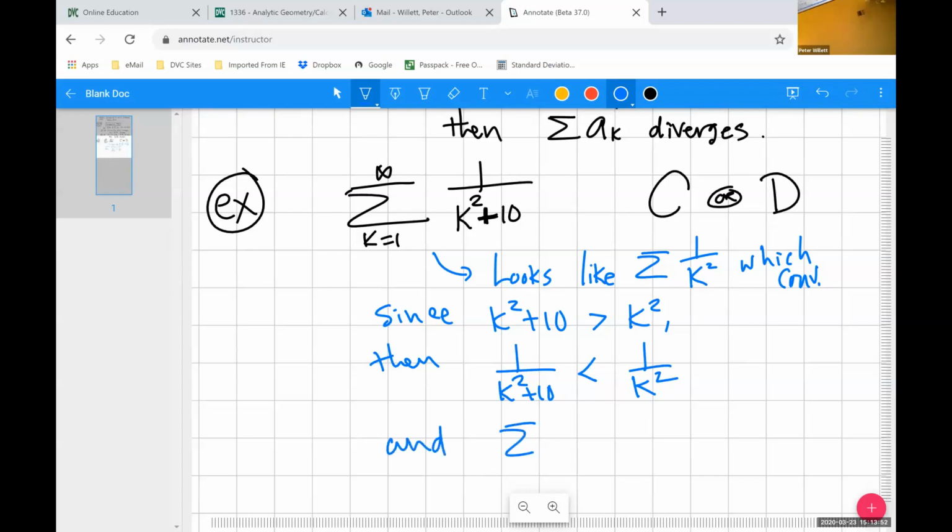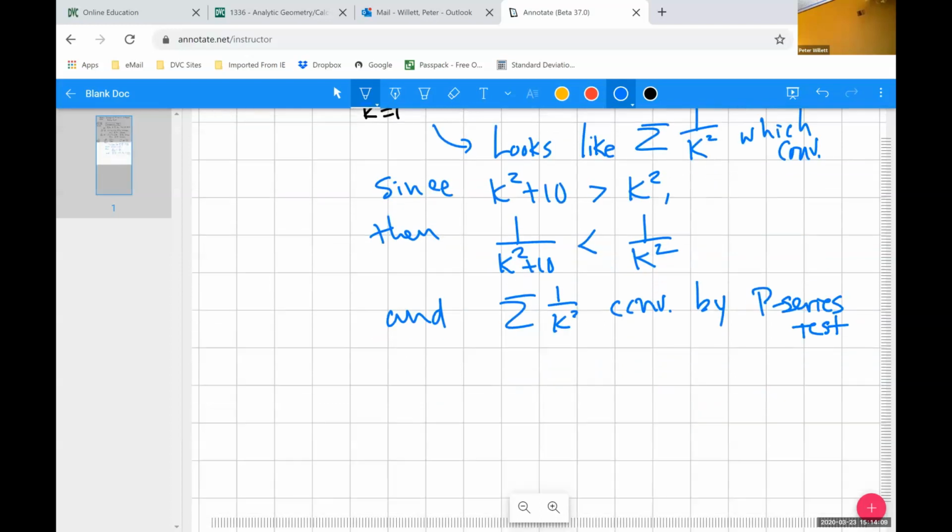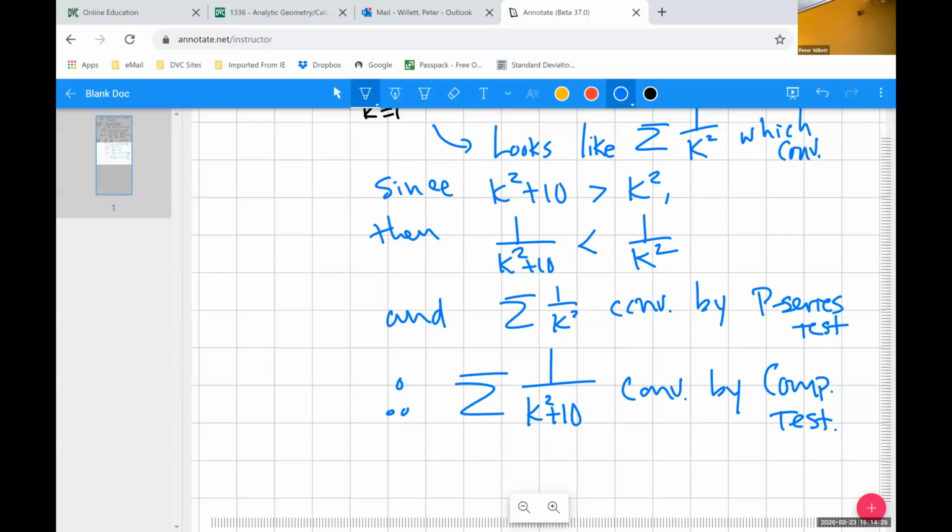And the series of 1 over k squared converges by p-series test. Therefore, the series of 1 over k squared plus 10, since the terms are less than that, converges by the comparison test. Questions, comments, discussions about the comparison test?